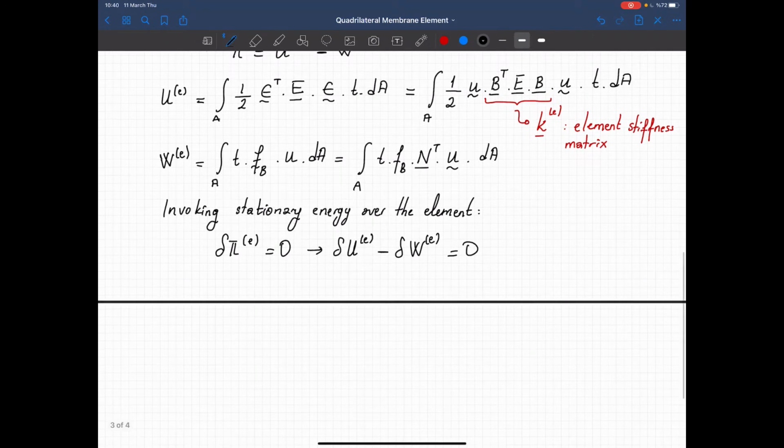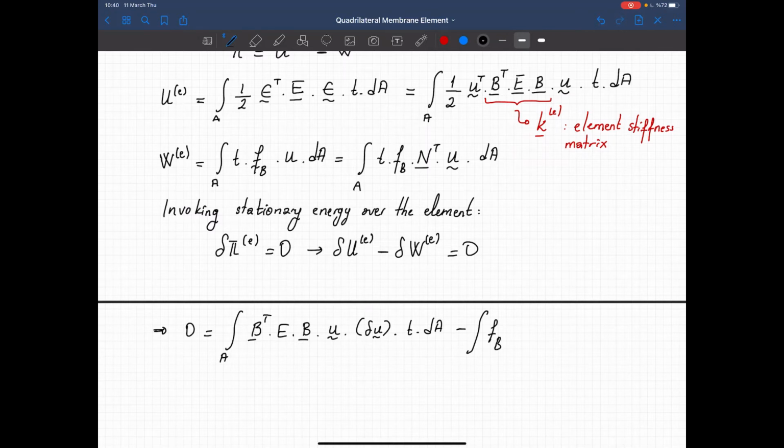If we take the first variation of this equation, we end up with the following: 0 is equal to the integral over the area of B transpose E B U multiplied by the variation in U times T times dA minus the body force N transpose variation in U, and again we have T times dA.